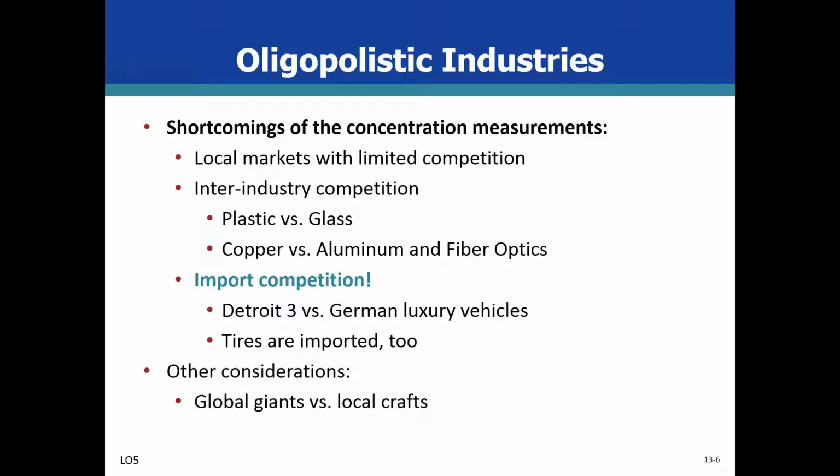There are also other considerations. Consolidation is taking place on a global scale, causing distortions in a U.S.-only measurement. SAB Miller is a brewing and beverage multinational company based in London. Their portfolio includes over 150 brands.